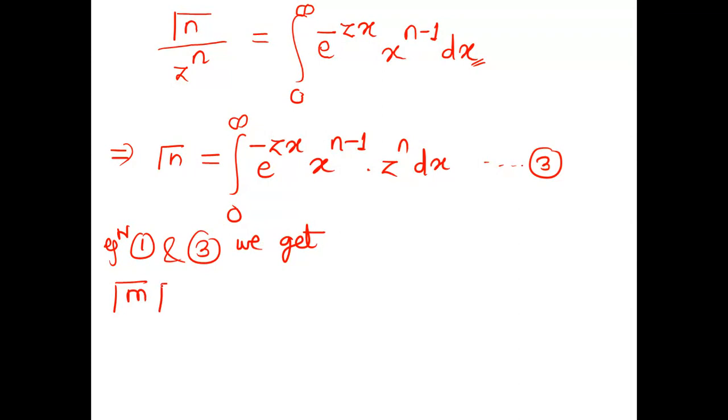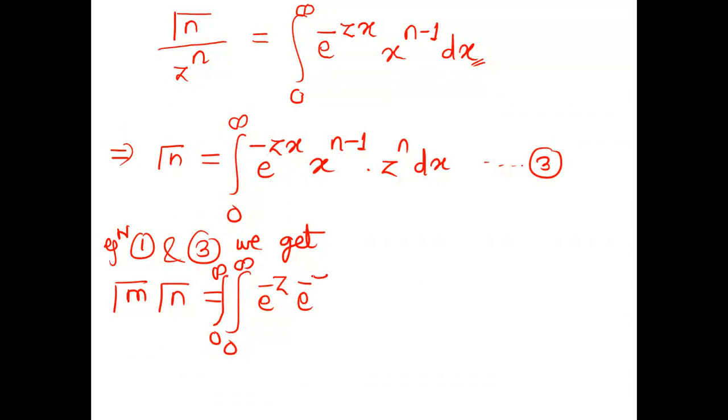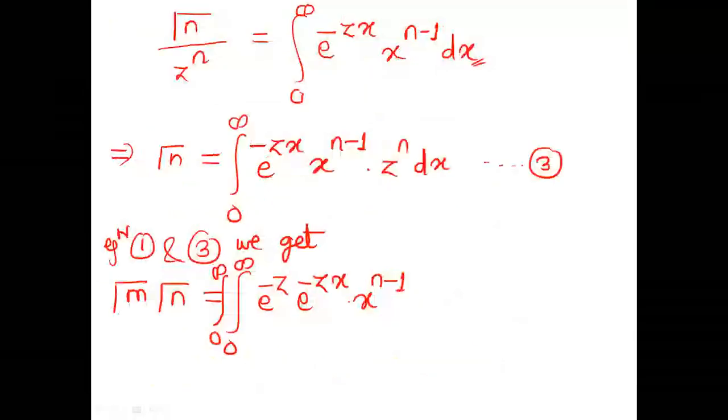So we get gamma of m into gamma of n is equal to the integral from 0 to infinity of e raised to power minus z, then the integral from 0 to infinity again of e raised to power minus zx, then x raised to power n minus 1, then z raised to power n, and from equation number 1 we have z raised to power m minus 1.